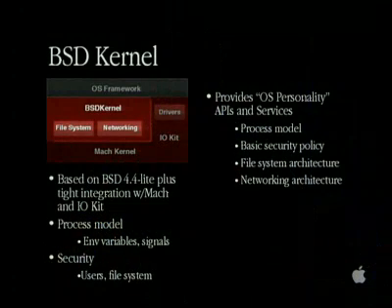On top of Mach, or tightly integrated with Mach, is the BSD kernel. This is really what provides the OS personality, if you will, for the system. This is where policy is actually brought into the picture. For us, this kernel is based on the BSD 4.4 Lite. Plus, we've spent quite a bit of time integrating it with Mach and IOKit, our I/O system. It provides a kind of a higher level view of the process model, handling things like signals and resource reaping and other things of that nature.